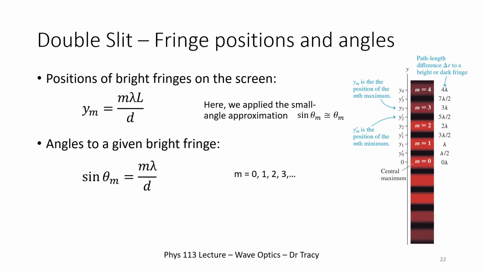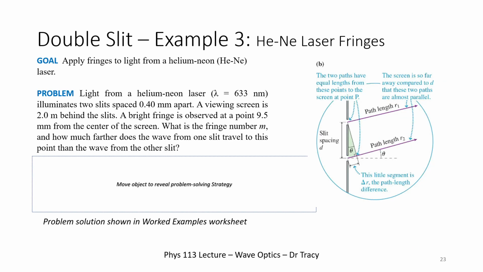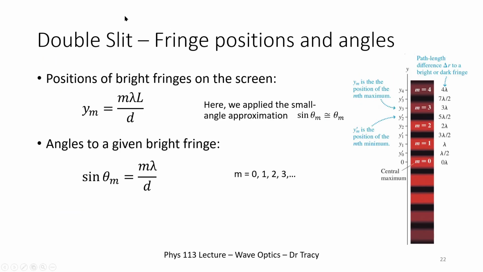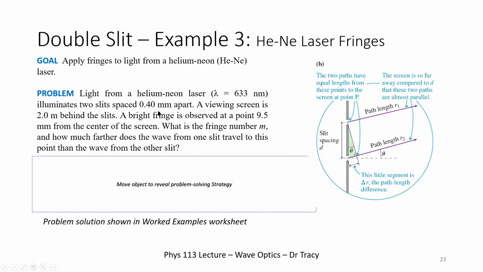The angles given to the bright fringe are sine theta sub m equals m lambda divided by d, and as I keep pointing out, m is an integer. So let's see here. We worked this problem in class, and it's the light from a helium neon laser. You apply those equations, this equation above, y sub m equals m lambda L over d, and you get the fringe number m equals 3.